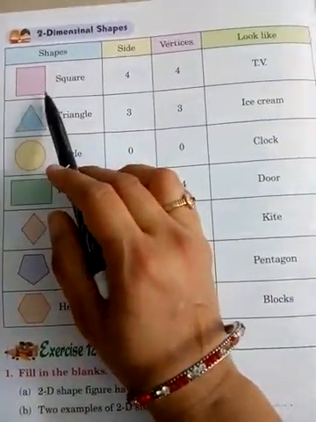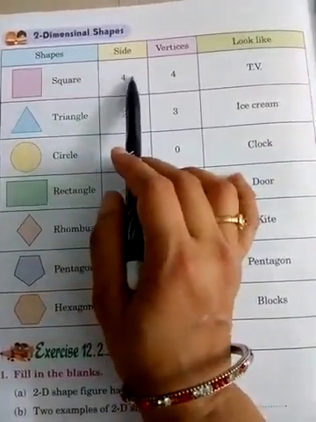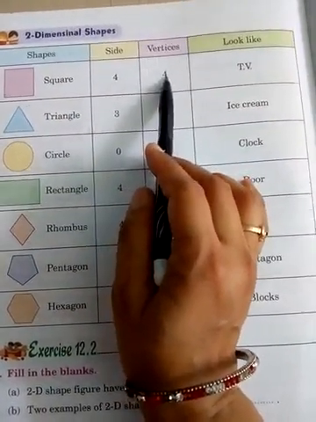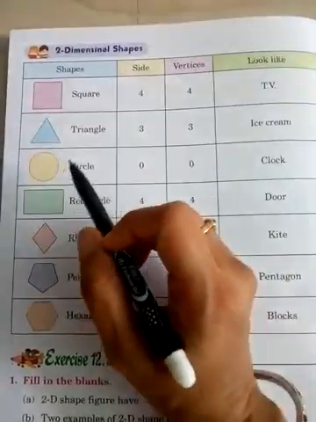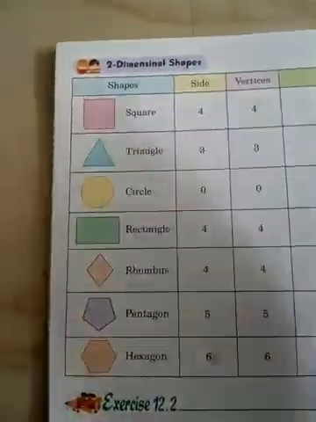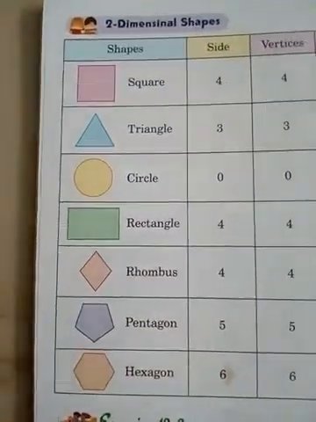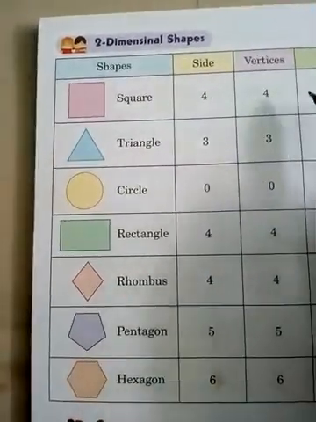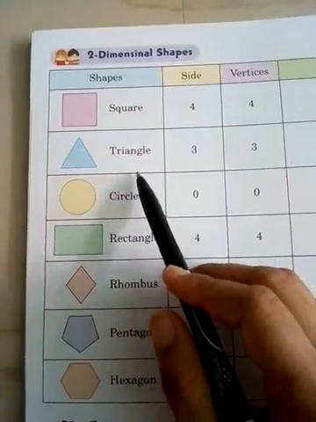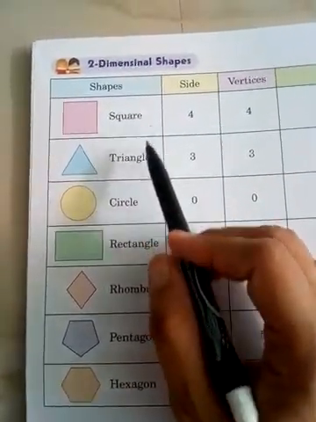Now here it is writing the shapes: a square, number of sides is 4, vertices 4, and so on. So you have to make a table like this only, but with 3 columns. You have to draw a table with the shape, sides and vertices, but you have to start writing with the triangle first, then square.